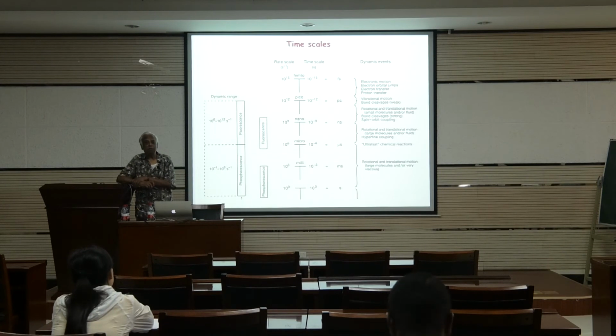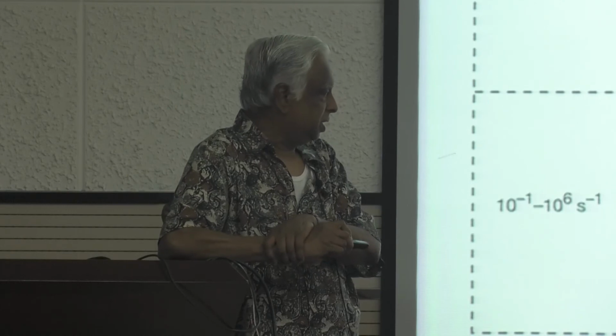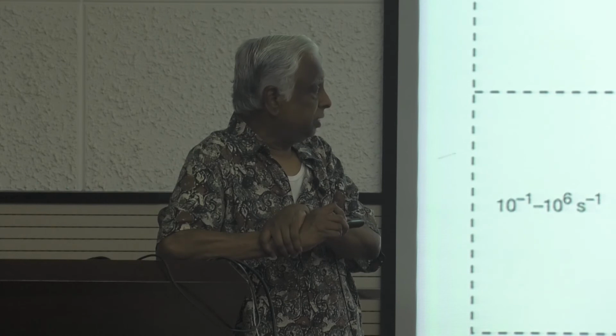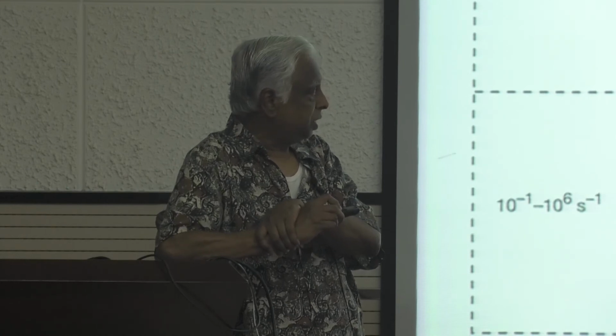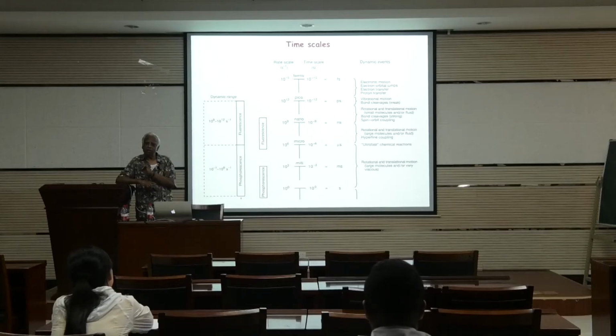So the time scales are, for example, 10 to the minus 15 seconds, which is exceptionally fast. A normal thing is a few seconds, and then it can be milliseconds, 10 to the minus 3, microseconds, 10 to the minus 6, nanoseconds, 10 to the minus 9, minus 12, minus 15. So the time scales are very important.